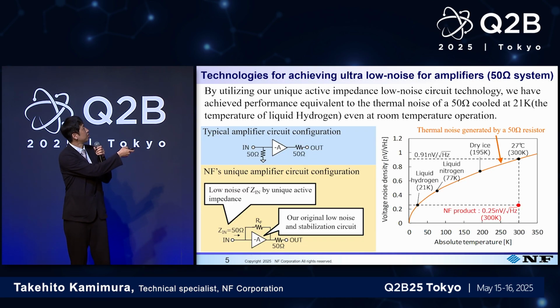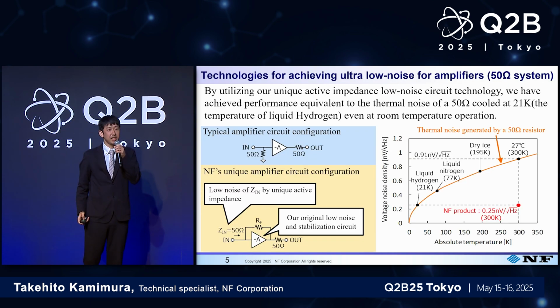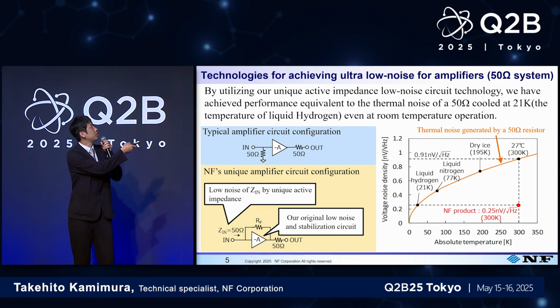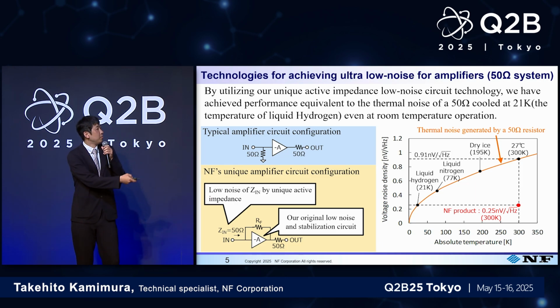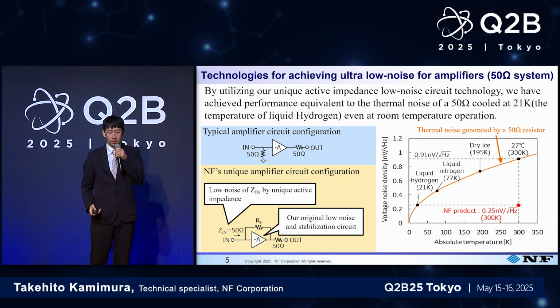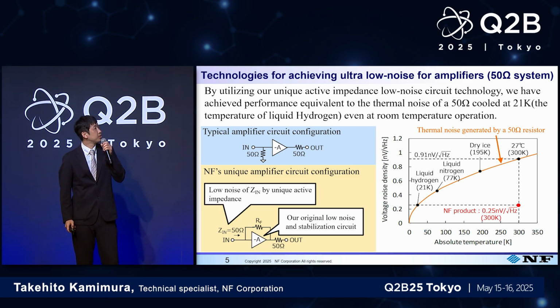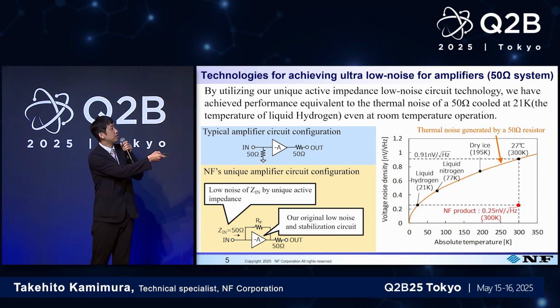In the left-hand side upper corner, you can find the typical amplifier circuit configuration, and a 50 ohm resistance goes to the amplifier. On the right-hand side, the x-axis is absolute temperature, and the y-axis is voltage noise density, and 50 ohm heat noise is shown here.